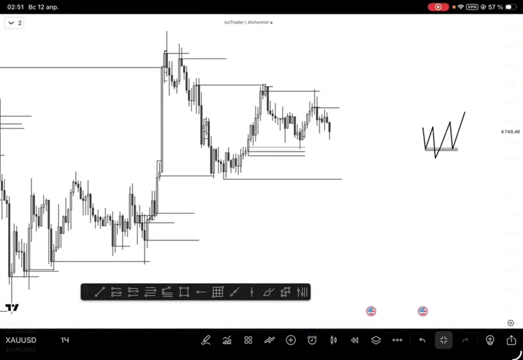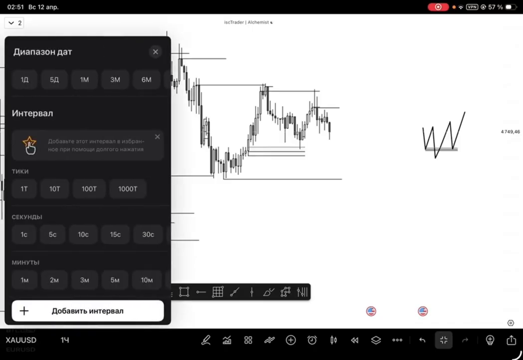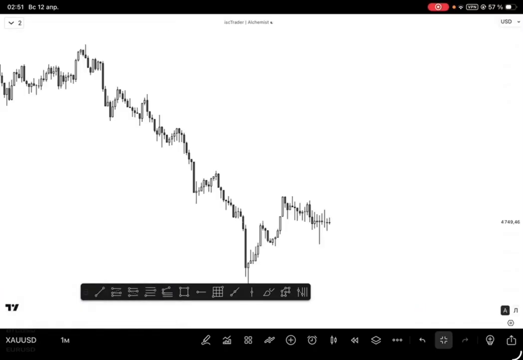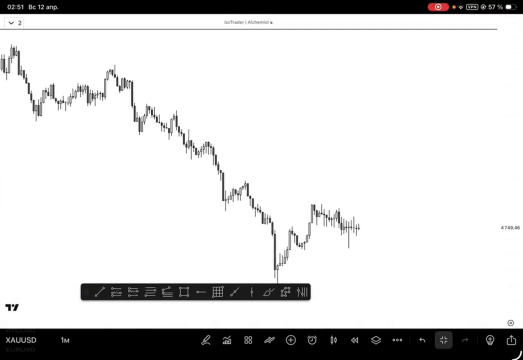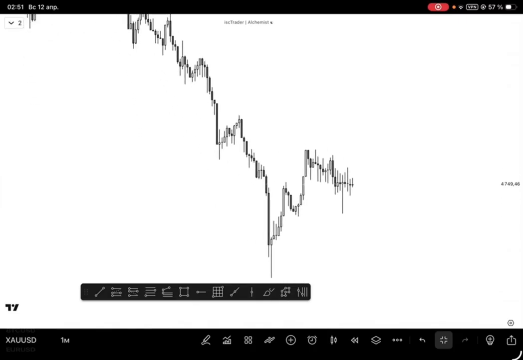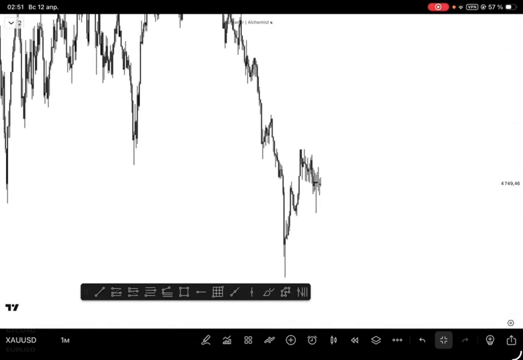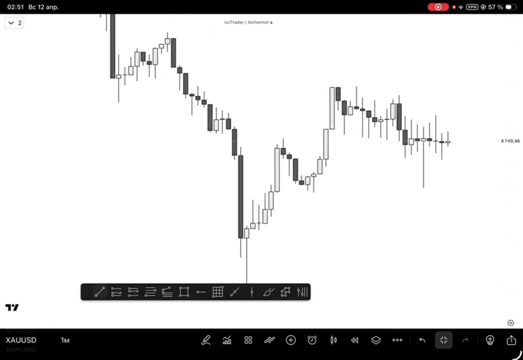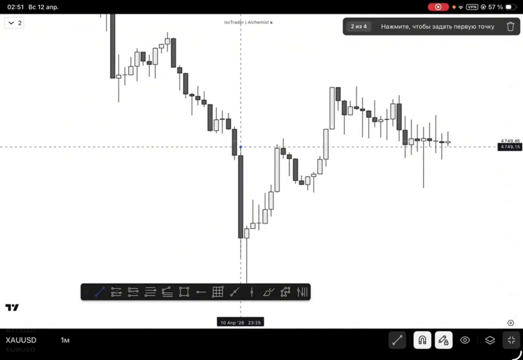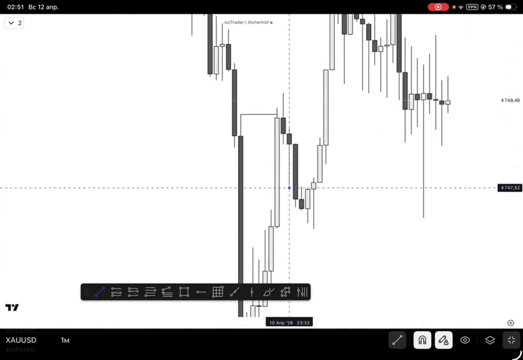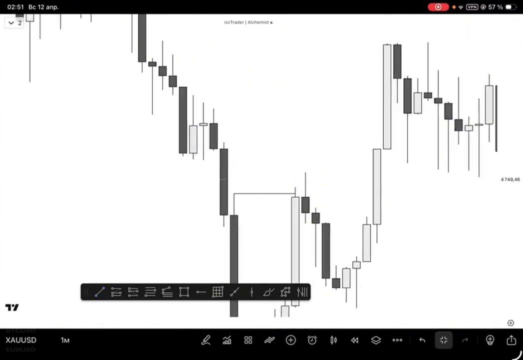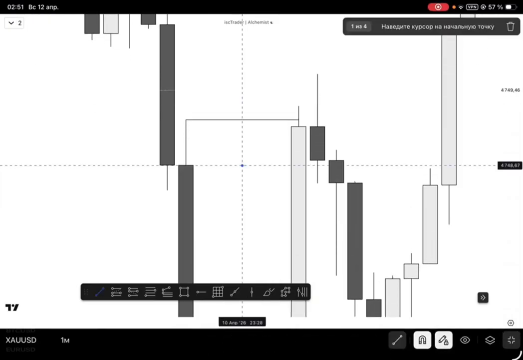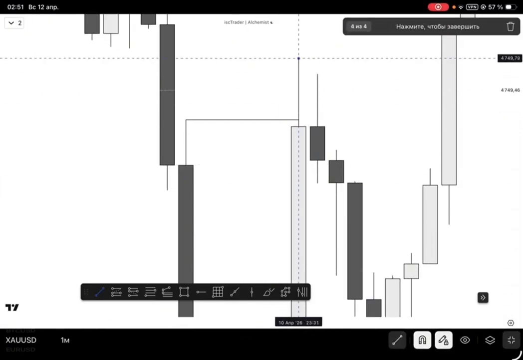Just as I mentioned earlier, we only use this on the M1 time frame. Look, was that an engulfing? Of course not, because it's not breaking with its body. It's leaving a shadow, do you see?